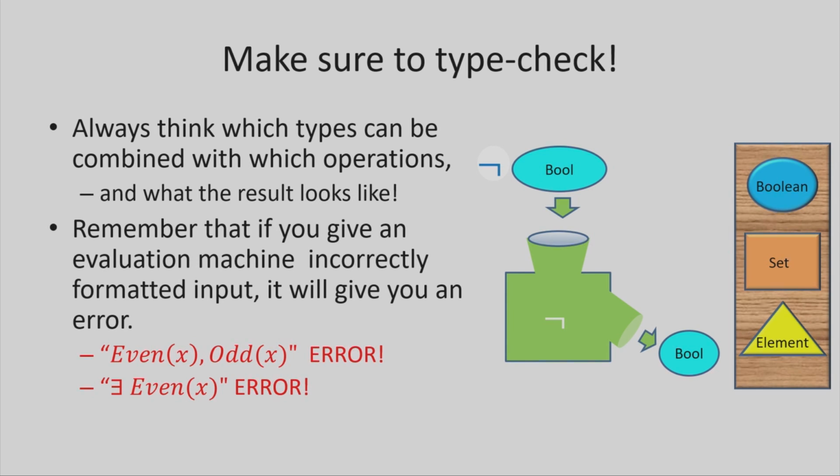Not only did you not tell me what set it belongs to, which I can forgive if I know the domain, you didn't even tell me what variable you're talking about. Maybe even has a whole bunch of things in it, and I don't know which one you're talking about. So please, when you're doing quantifiers, write them as quantifier, followed by the name of the variable, maybe followed by in set, and then you write a formula, which is a well-formed formula of Boolean type.